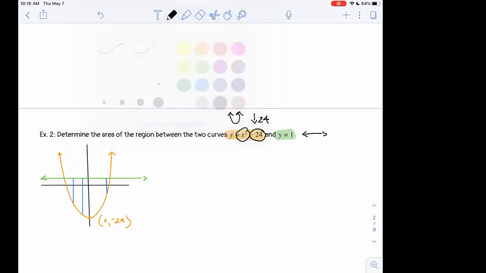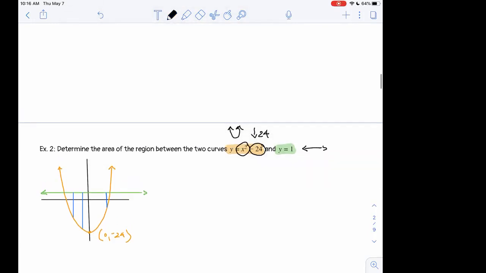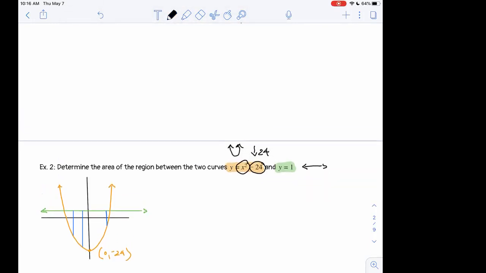So because the vertical rectangles work out a little bit better than the horizontal ones, I'm going to set up my area to say the integral from a to b, where a is an x value, b is an x value, of the top curve minus the bottom curve. And at the end, I'm going to make sure I have a dx, because that is officially saying the width of my rectangle.